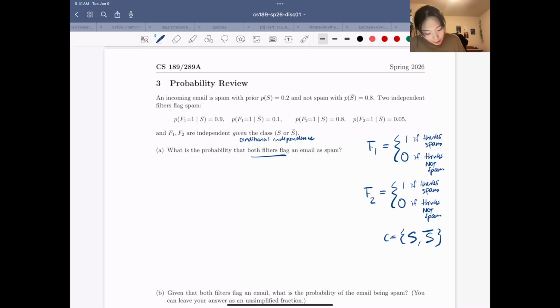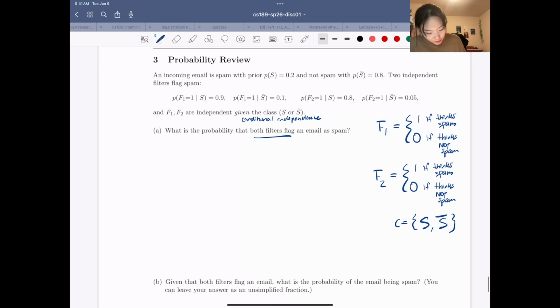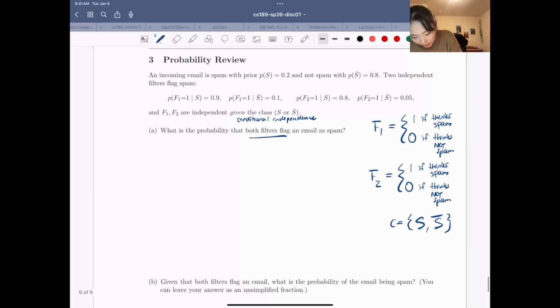And so these are all the possible scenarios we can have. The probability that both filters flag an email as spam can be written as the probability that F1 and F2 both equal 1, so they both have flagged this piece of email as spam. What does that mean? If both filters flag something as spam, do we actually know whether the mail that came in was spam or not?